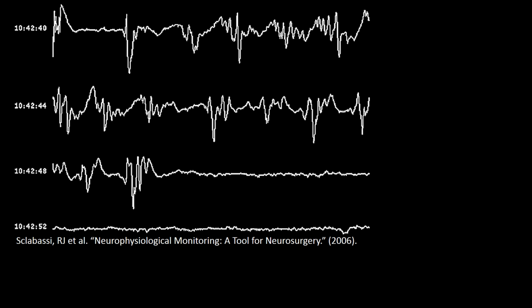The stimulus used to trigger motor evoked potentials transcranially is at times linked to seizure activity. Since patients are usually paralyzed, these seizures are not detected clinically and are only detected by EEG epileptic changes such as the one you see in this frame.